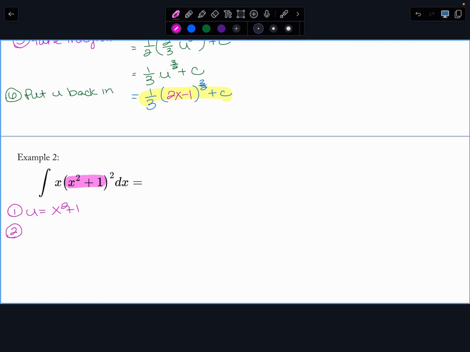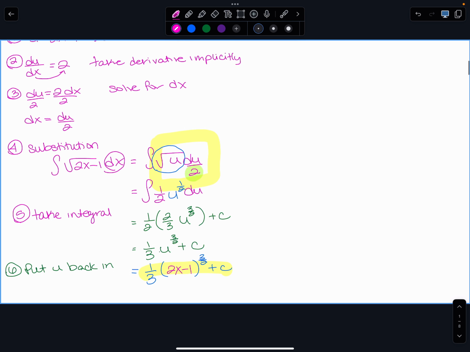Now, instead of writing du over dx, I already know I have to move that dx to the right-hand side, so I can skip this step and jump right into du is equal to 2x dx.